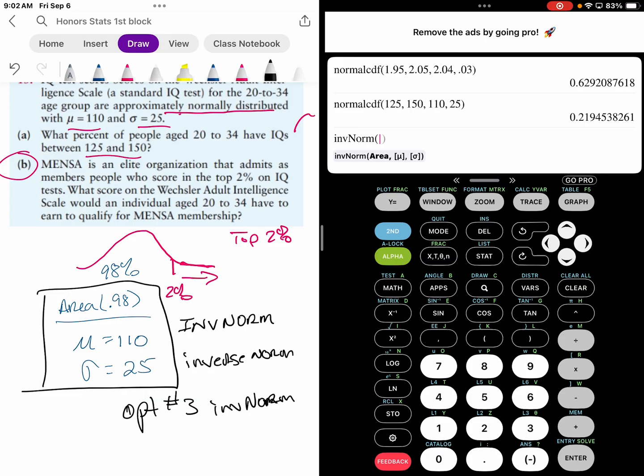Okay, so what I want you to do is put in 0.98, comma, type in the mean, 110, comma, 25. Now again, all you had to do was just arrow down the things. Now make sure it stays left on the last one, then go down to paste.